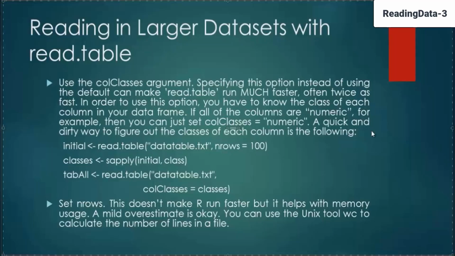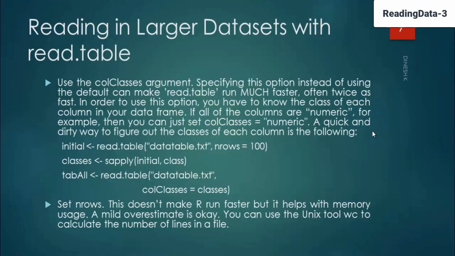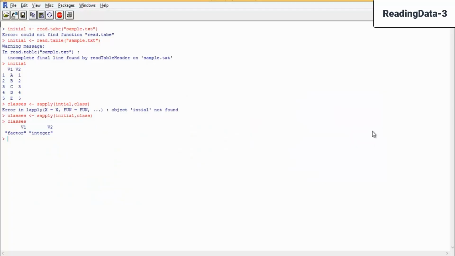Now you can specify colClasses while reading the table. Let's say I want to read the table much faster. Let's assume there are more rows in this table. Let's say I create a table called sample table.